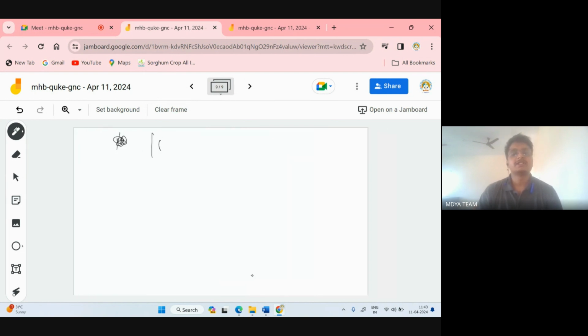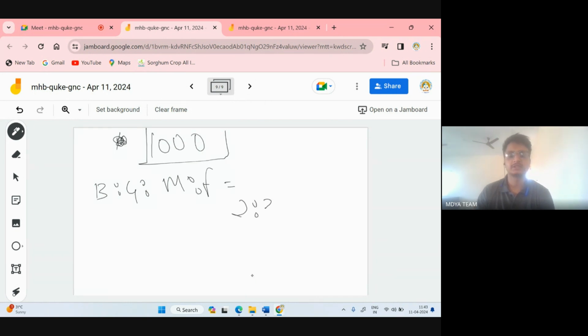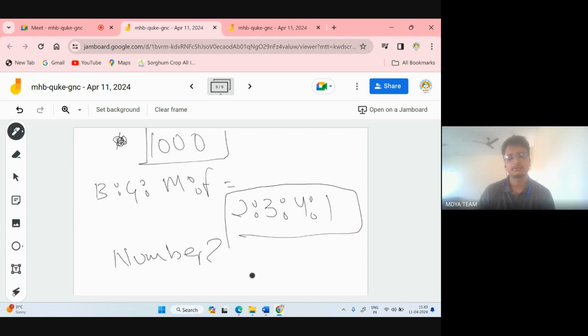Okay, in a population of 1,000, the ratio of boys, girls, men, and women is 2:3:4:1. Now calculate the numbers for every group.